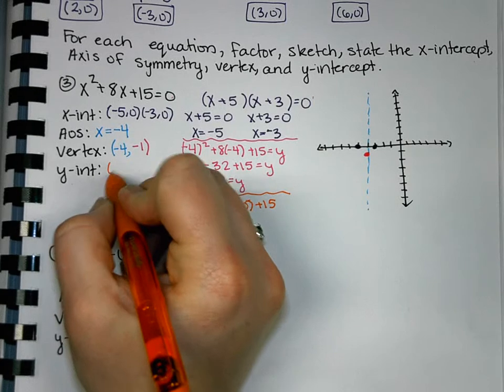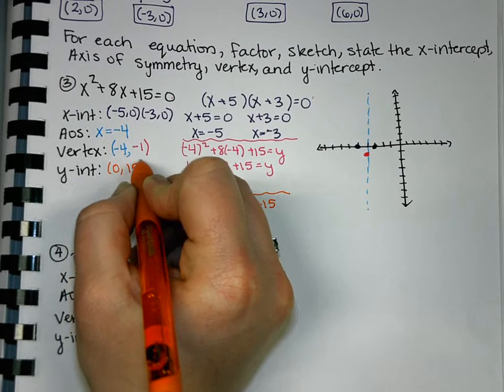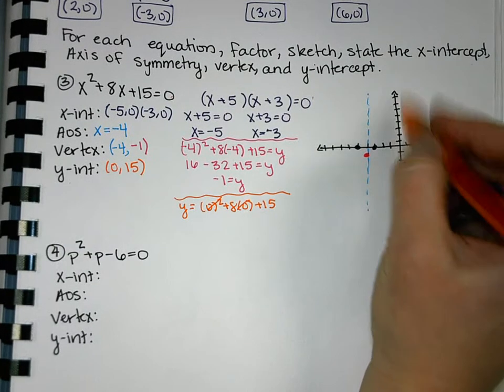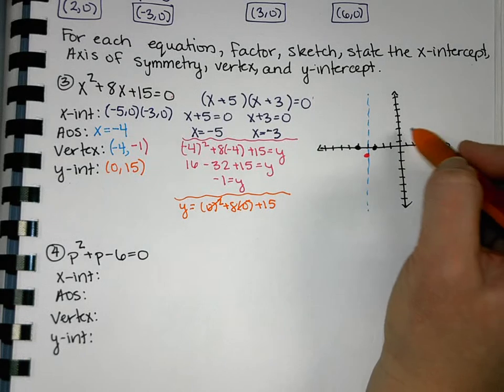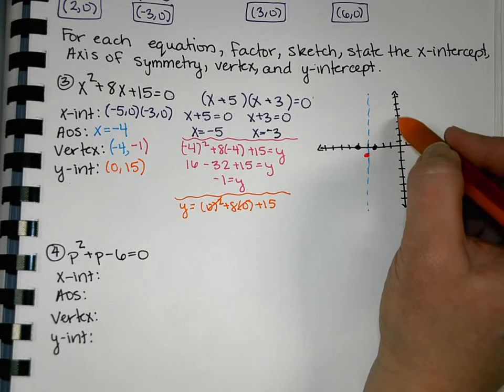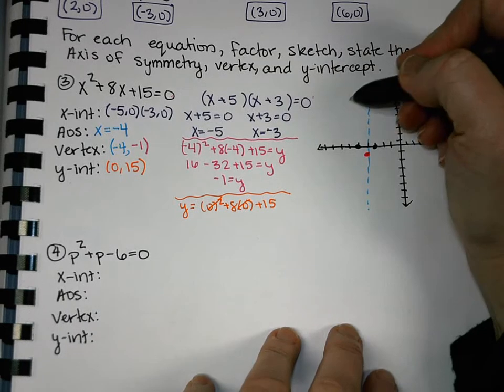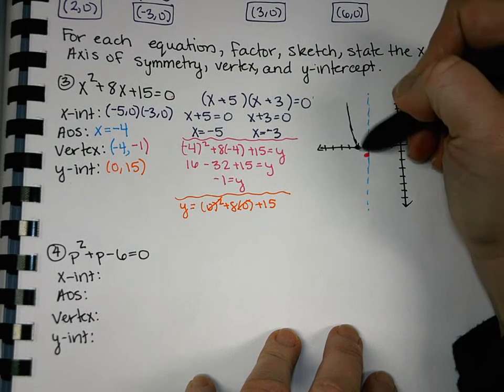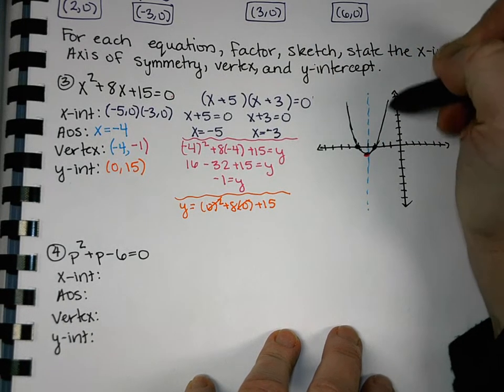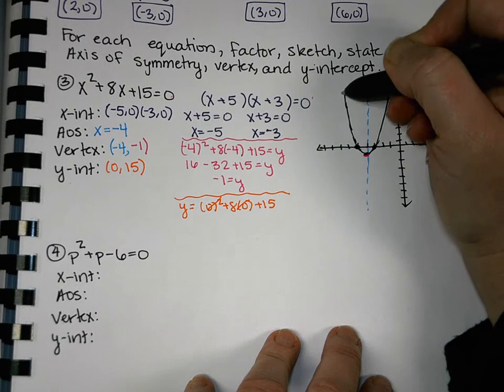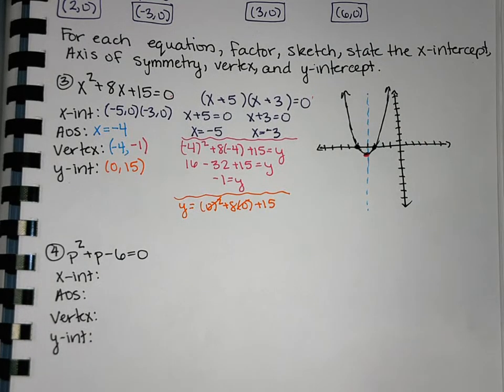So 0, 15 is our y-intercept. Now that's not going to fit on my graph, so I can't really plot that because it's not big enough. Mine only goes up to 8, so I'm not going to plot it, but I am just going to write it there. So then I just need to come back and connect my dots to sketch my parabola. And there you've graphed it from factored form.